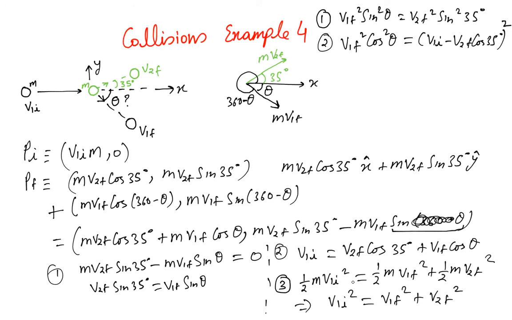You see, I moved it onto the other side and I squared both the sides. Okay, then you add these two. If you add these two, you will see that v1f squared is common in both of them.